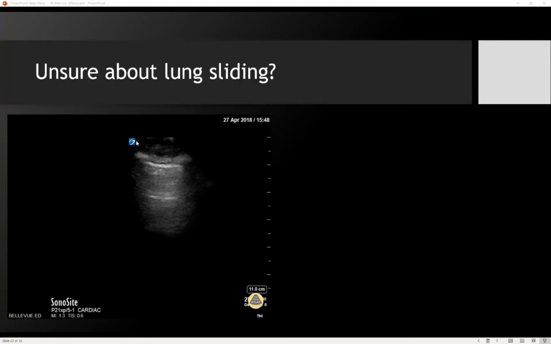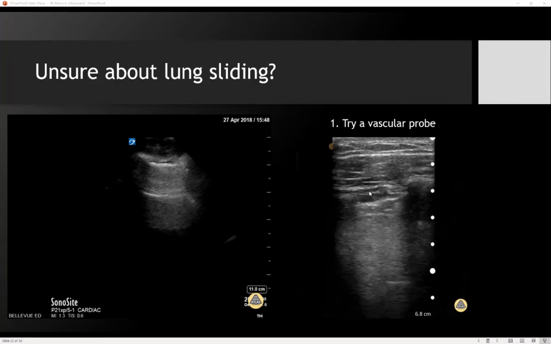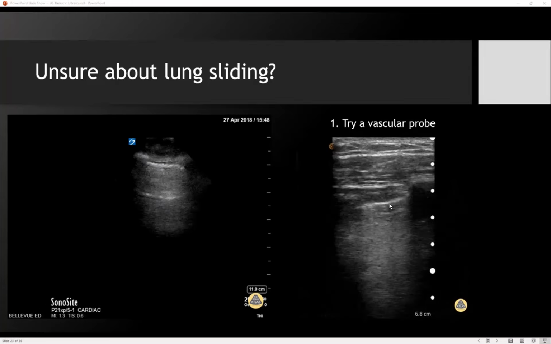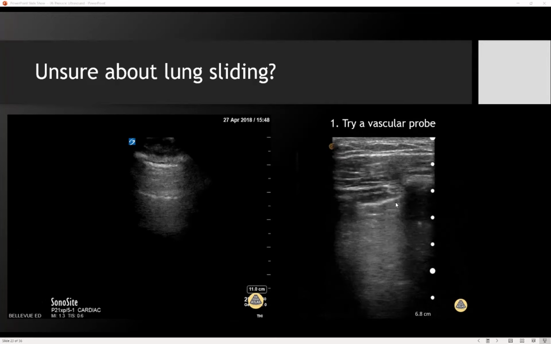So it's very common to use a cardiac probe when you're doing your thoracic ultrasonography. And then you look at this and you say, I'm not sure if there's lung sliding or not. So for troubleshooting, you have two options. The first is to actually just go ahead and switch to a vascular probe because you'll get this much better definition, higher resolution, higher frequency image, and you'll be able to see lung sliding really nicely, right?